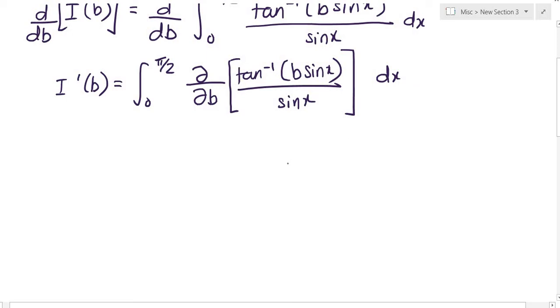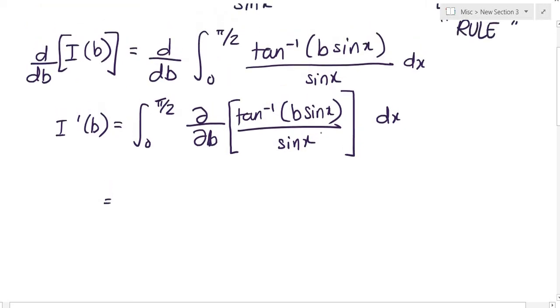I'll explore the Leibniz rule in more detail in another video, but for now it works like this. So a partial derivative with respect to b, we use this partial derivative sign because inside the integral we have functions of x and we have functions of b, right?